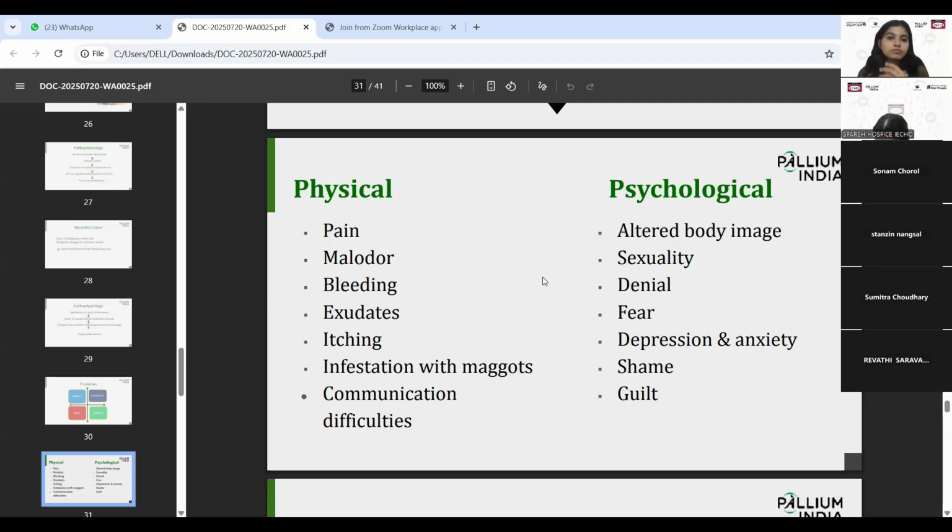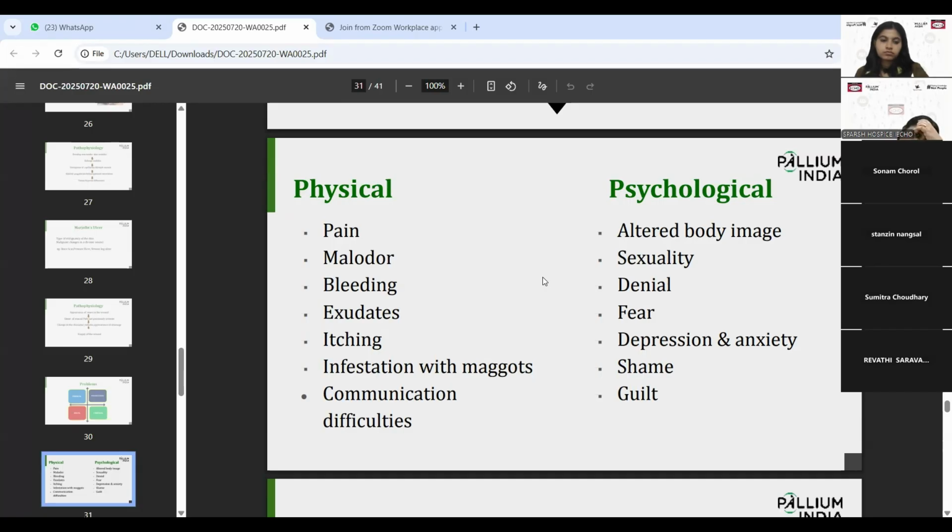Then fear: the patient first may not have any wound, just some pain, and sometimes in a malignant ulcer they don't feel pain at all. Suddenly they are getting pain, bleeding, and exudate. This leads to a high level of anxiety.